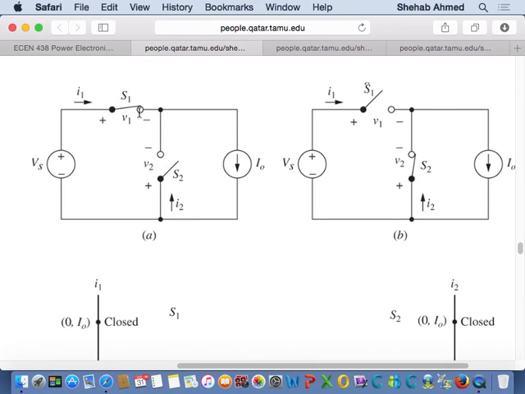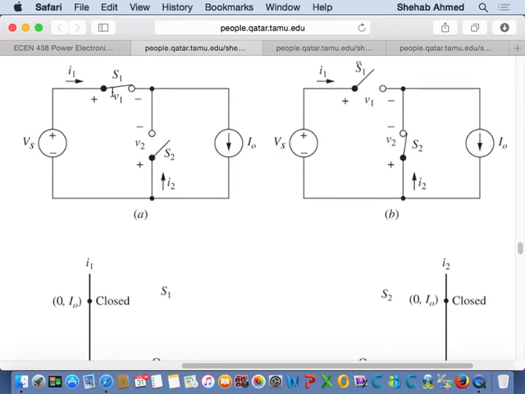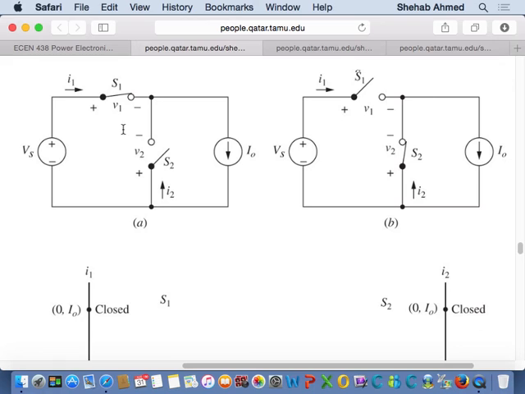So when switch S1 is on, what current does it conduct? I1. And when switch S1 is off, what is the polarity of voltage across S1? What is voltage across S1 equal to?